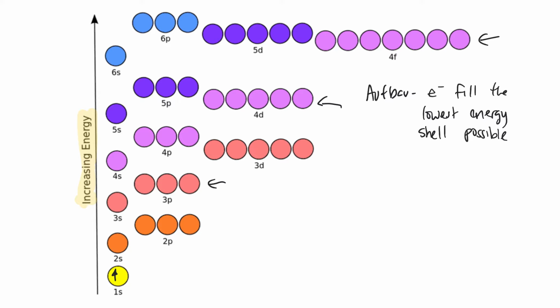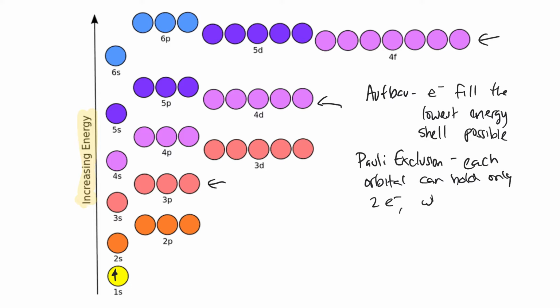The second rule is what we call Pauli's exclusion principle. All right, and so this rule basically says that each orbital can hold only 2 electrons, which must have opposite spins.